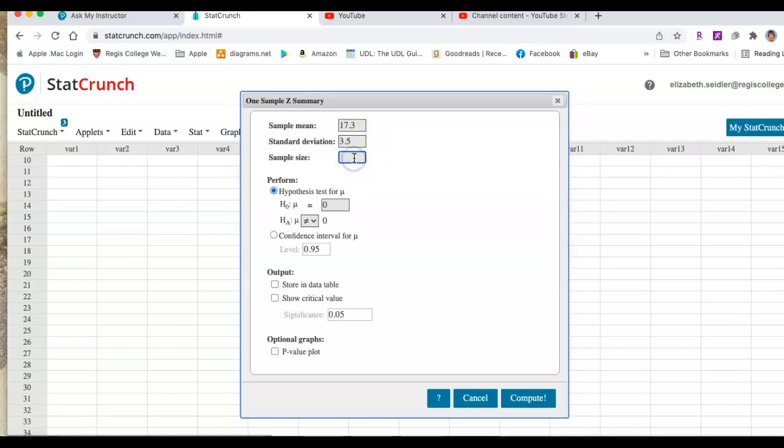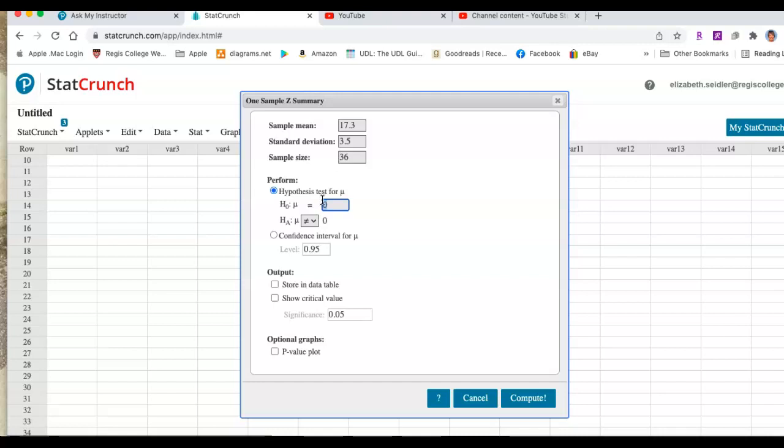The sample size is 36 waves, and we're testing this to see if waves are actually getting bigger.